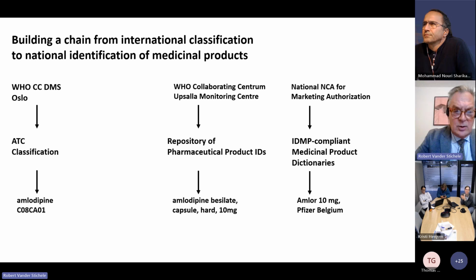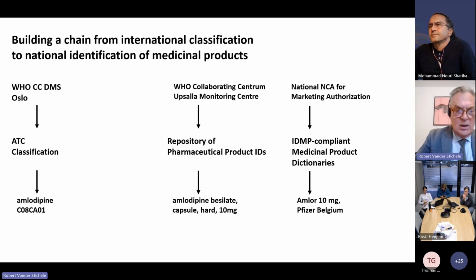The WHO Collaborating Center holds the repository of medicinal product IDs, and for instance, amlodipine besilate capsule hard 10 milligram is a pharmaceutical product ID, and the national competent authorities make sure that the medicinal product dictionaries are IDMP compliant, so that we know that Amlor 10 milligram from Pfizer is indeed amlodipine besilate capsule hard 10 milligram.